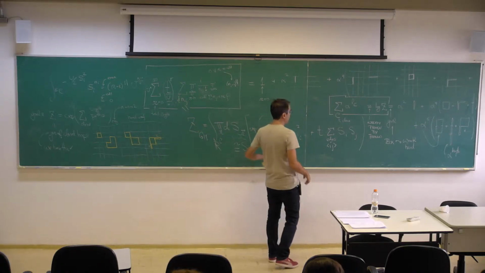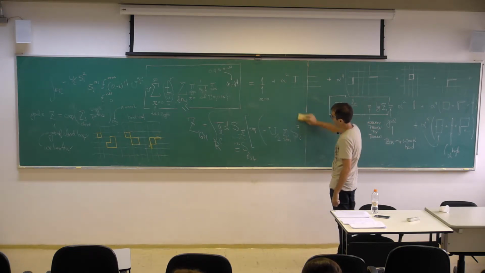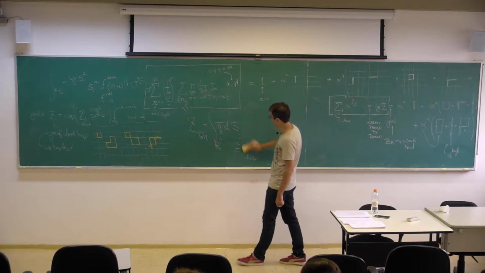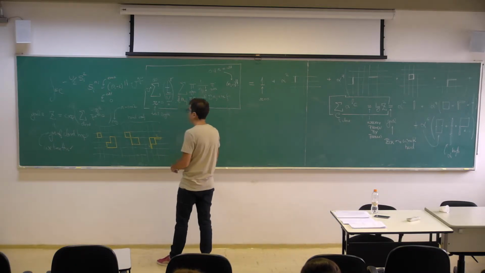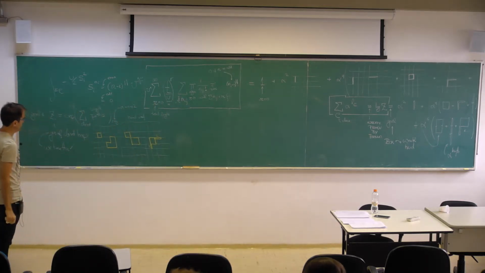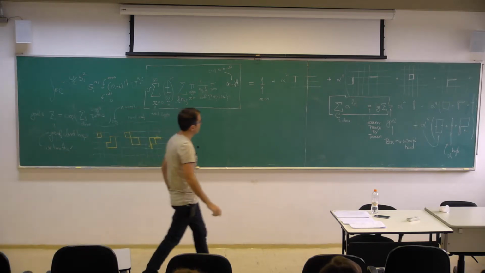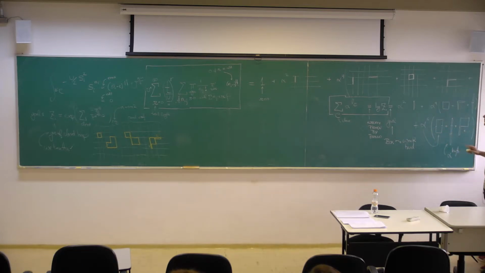But let's see how this works on some simple examples. Because I think it's really quite interesting, quite illuminating. So maybe let's see it here first, in this example here.